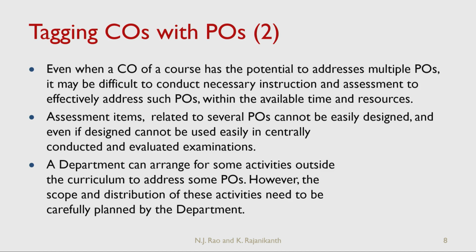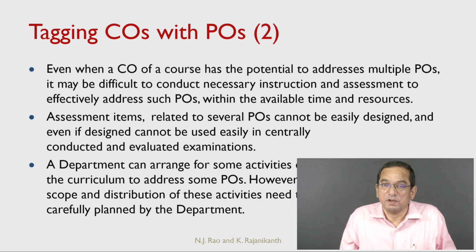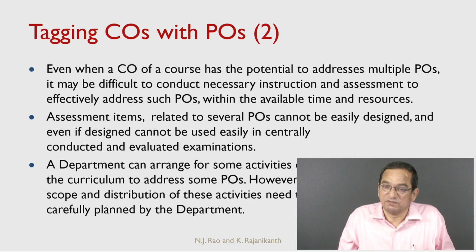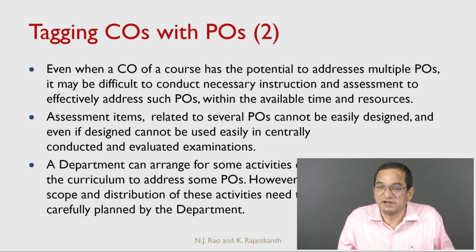Even when a CO of a course has the potential to address multiple POs, it may be difficult to conduct the necessary instruction and assessment to effectively address such POs within the available time and resources. The constraint is that we have very limited time and the availability of other resources also could be limited.